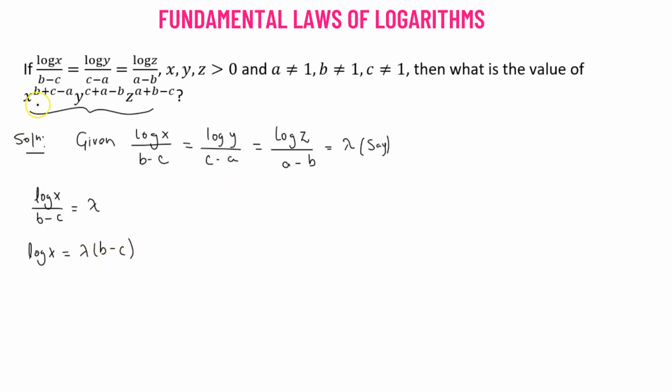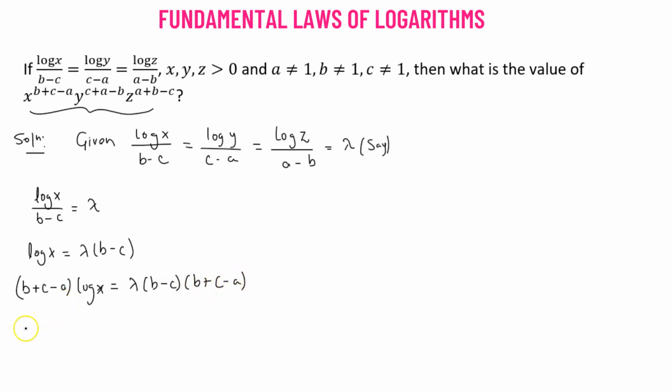Now, in our expression we have x raised to the power of b plus c minus a. In order to reach there, first we begin by multiplying both sides with b plus c minus a times log of x. Similarly, we multiply it to the right hand side as well. So we have b minus c multiplied to b plus c minus a.